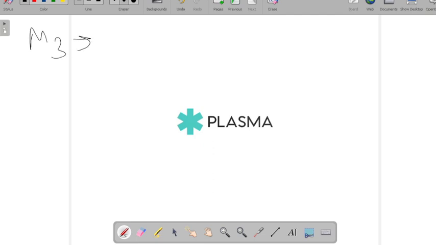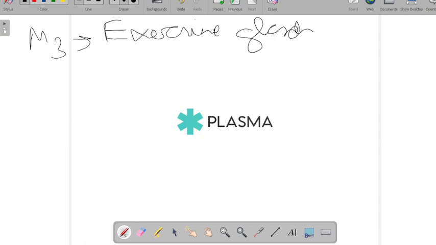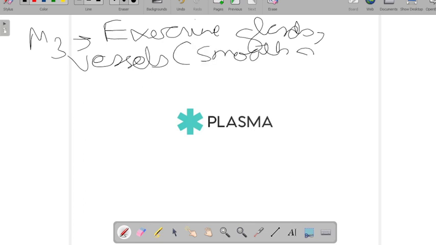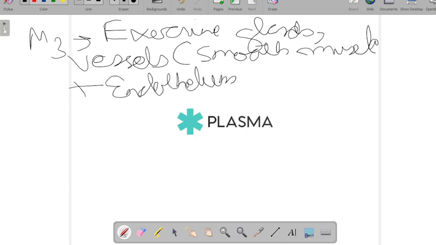The M3 receptor is present in exocrine glands, vessels, that is smooth muscle, and endothelium, and CNS neurons.